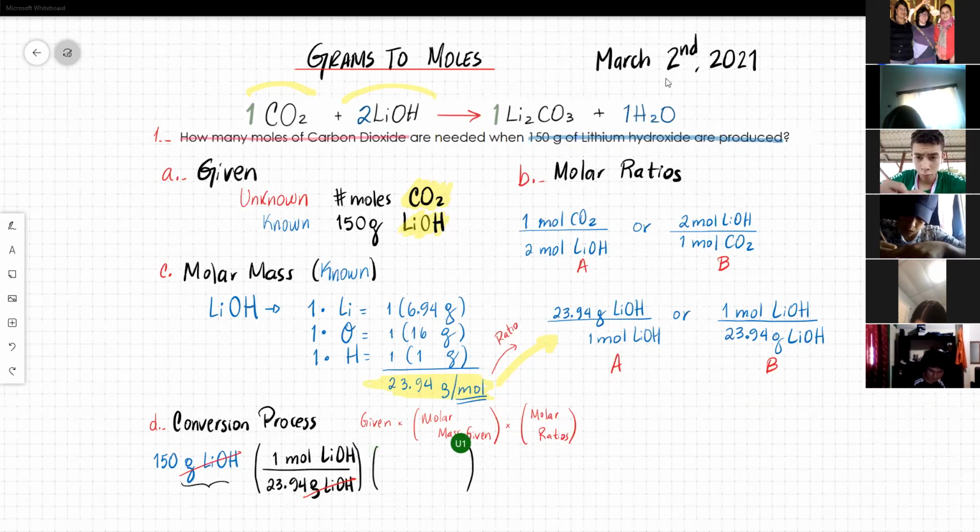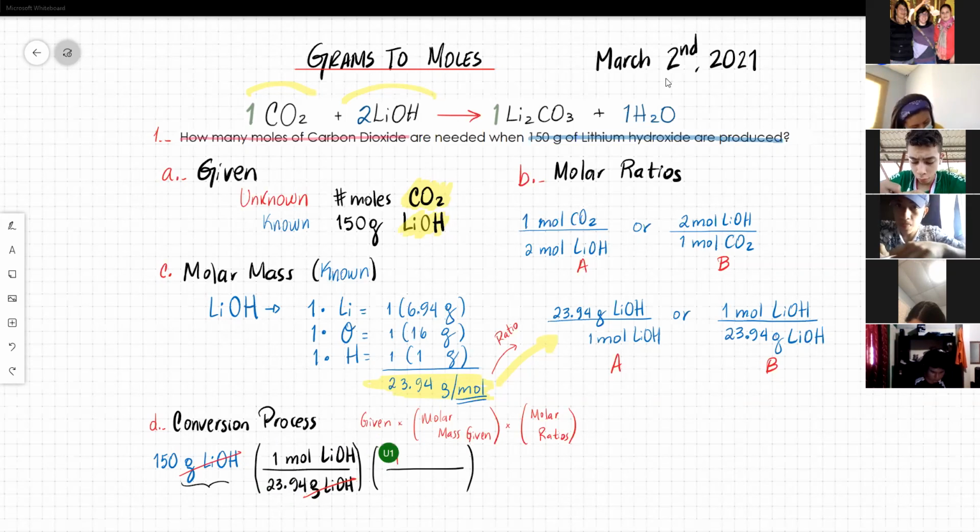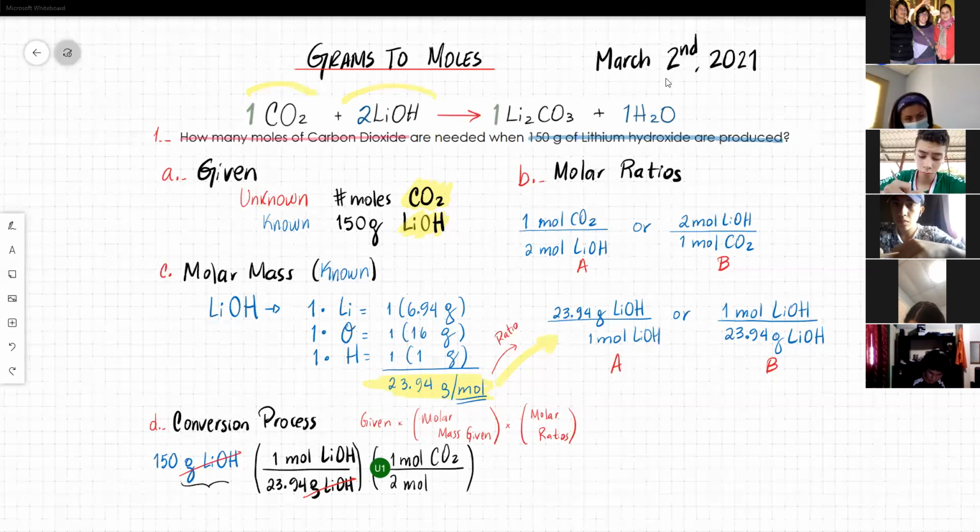Now, in what way do I have to put the molar ratios if I need to eliminate the moles of LiOH? A or B? A. So 1 mole CO2 on the top and below 2 moles of LiOH. After you have all that, you can cancel moles of LiOH.